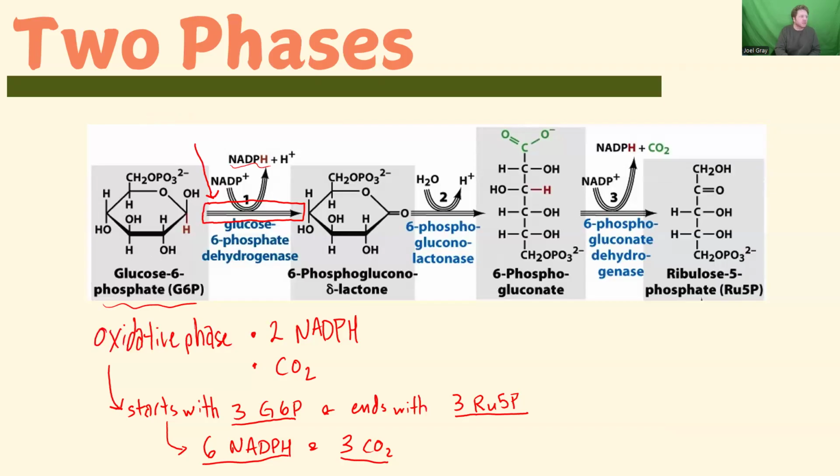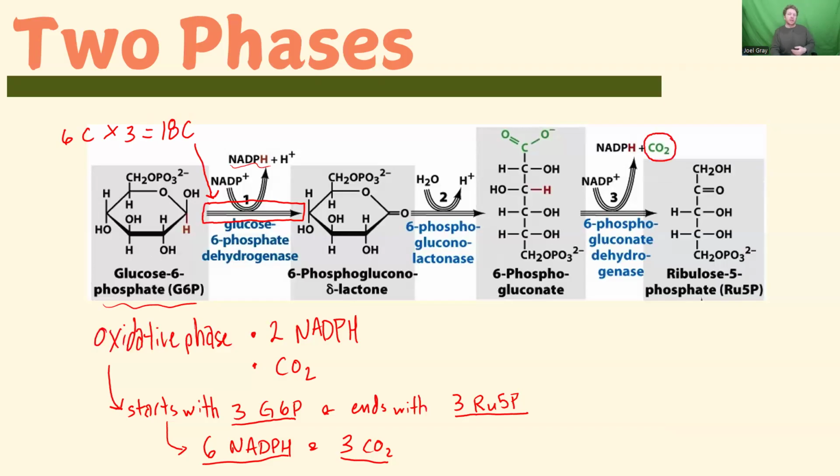Glucose 6 phosphate has 6 carbons, and I have 3 of them. So I'm starting with a total of 18 carbons. When I reach the concluding point where my ribulose 5 phosphate is, one of my products has been CO2.